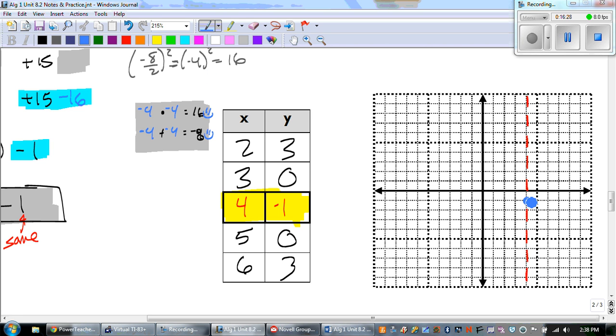Okay, and then I'm at 5, 0, and 3, 0. And then 6, 3, and 2, 3. Okay, make sure that's curved at the bottom. And then always add your arrows.